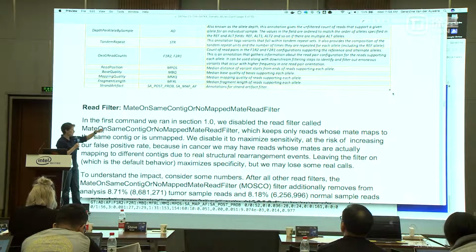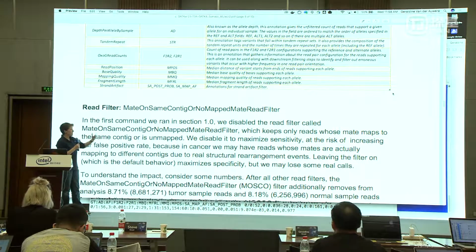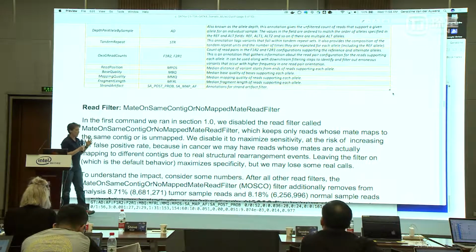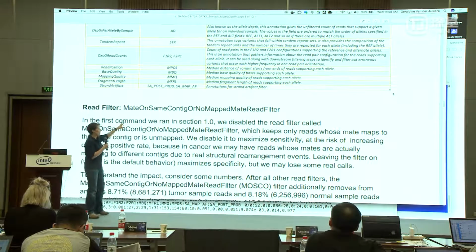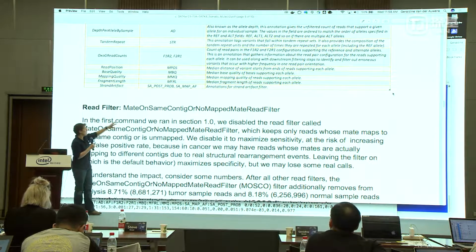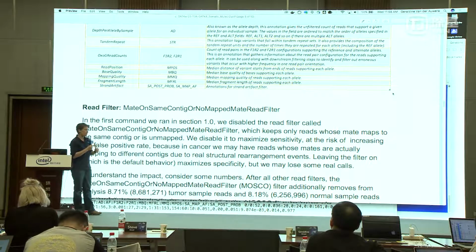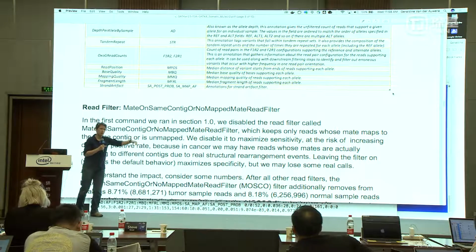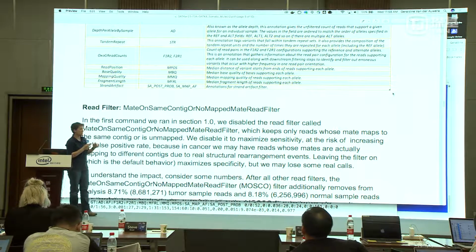So the Moscow read filter is meant to filter out reads that do not fit this criterion, so that if you have reads where the mate is on a different chromosome or is just not mapped, we can discard them.